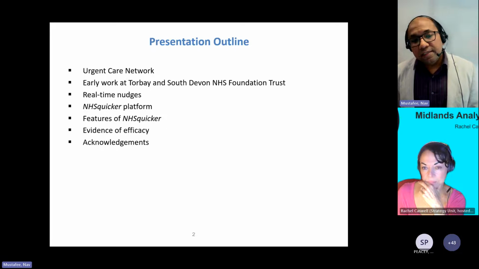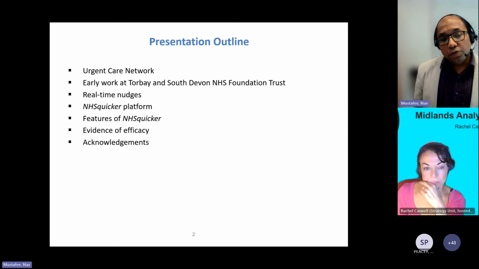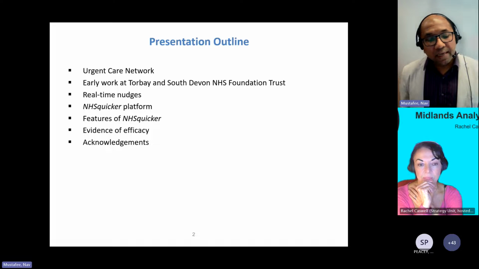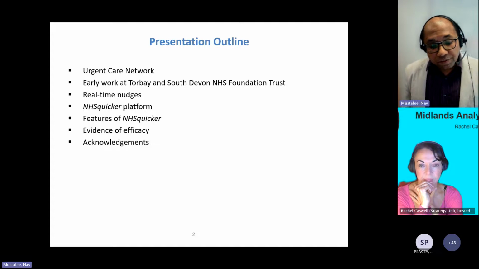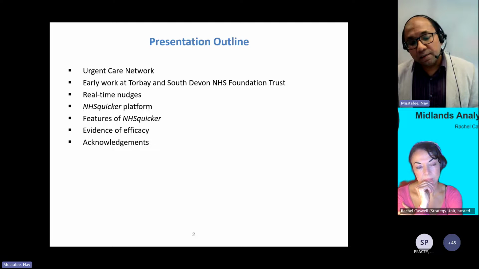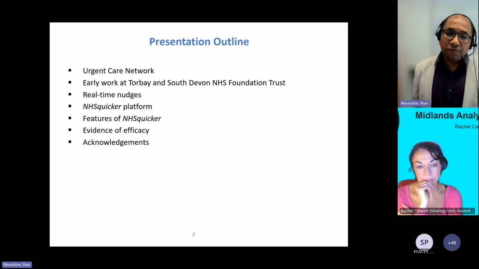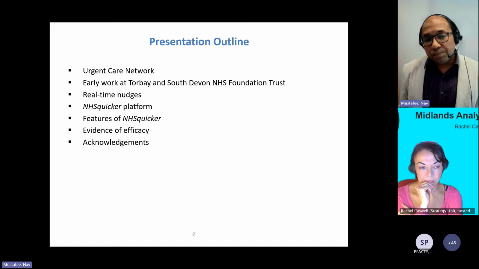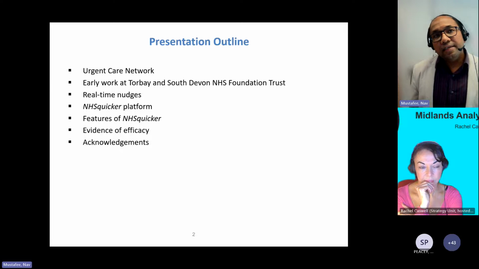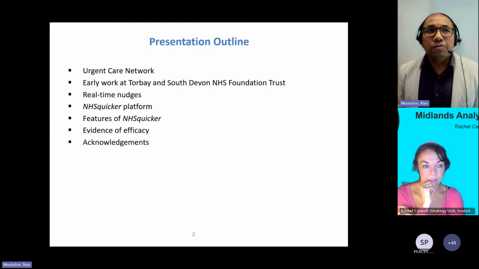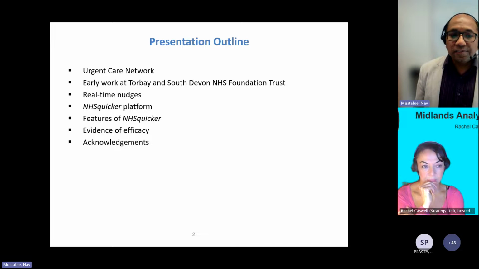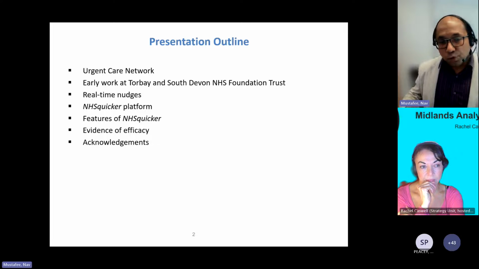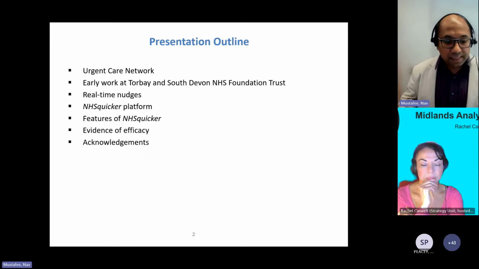And from the research side of things, what is important to me is the evidence of efficacy. I see NHSquicker as a tool to see whether real time information can help inform the patient's choices in terms of urgent care. Whether it is the platform NHSquicker or some other app is not that important to me, because the idea here is about getting the evidence to present to the community that yes, real time approaches do work, and people are then taking different decisions.